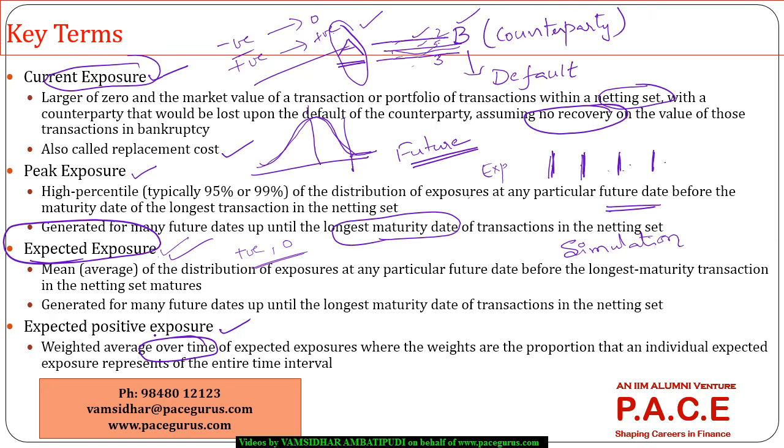I'm taking the weighted average of all those times, and that is what we are calling the expected positive exposure, EPE. So we have to be very careful in having an understanding of all these terminologies, and we should not be confused in using them interchangeably. They can't be used interchangeably. They have a definite meaning associated with them.